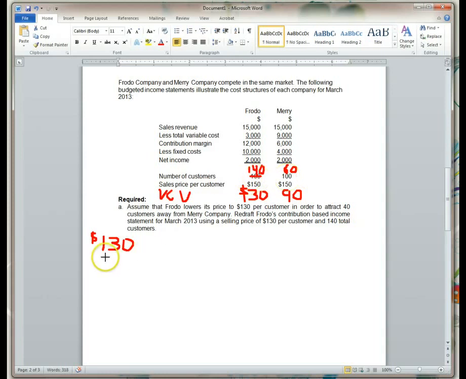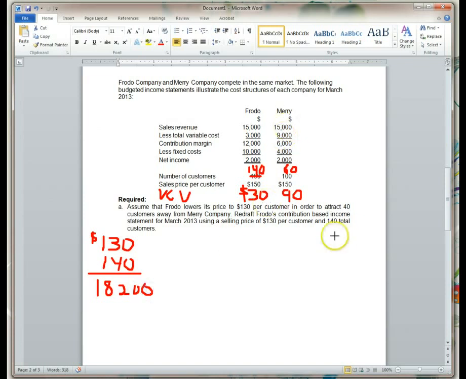So if we take that 130 times the 140, it suddenly sounds like a skit from the Californians. Let's see, let me pull out my calculator. 130 times 140. We know his new revenue is $18,200.